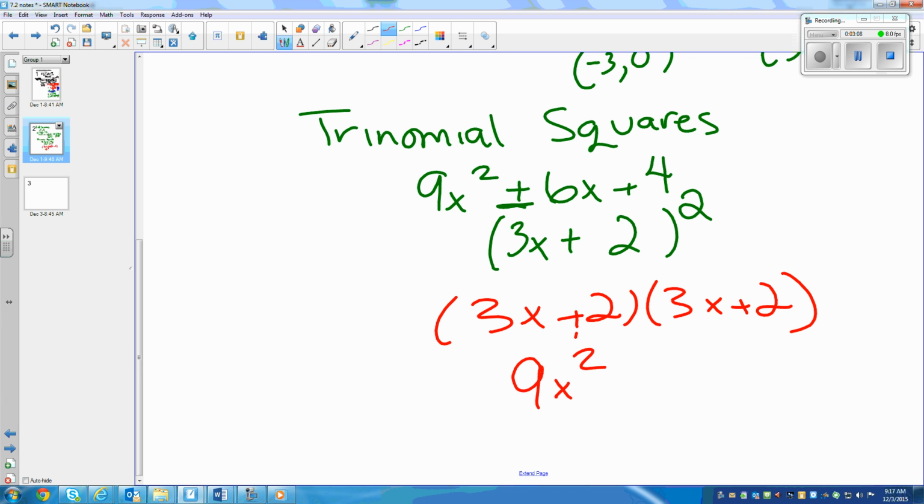First, outside, inside, last, right? So the outside is 3x times 2, which is plus 6x. The inside is 2 times 3x, which is plus 6x. And the last is 2 times 2, which is plus 4. So the trinomial square should say 9x squared plus 12x plus 4.